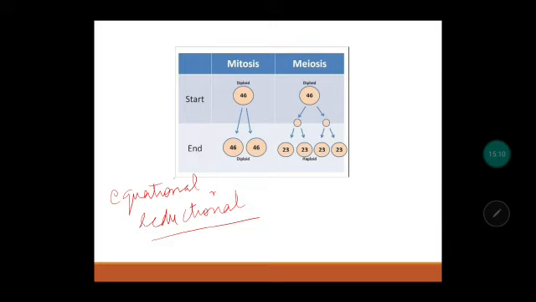So in humans, how many chromosomes are present? 46, and half of 46 is 23. That is why when a cell contains full genetic material, it is called diploid, and when a cell contains half genetic material, it is called haploid. This is clear. So in humans, there are 46 chromosomes.